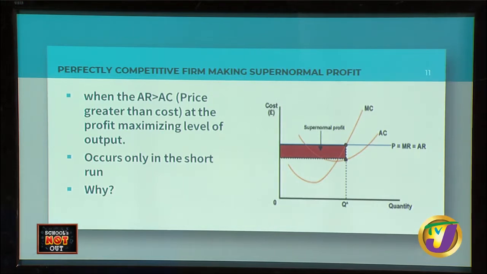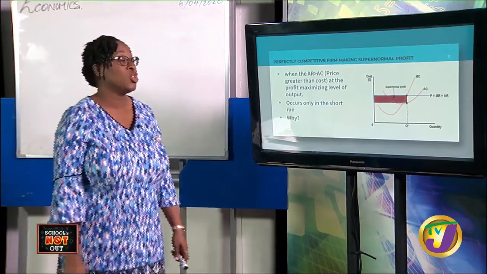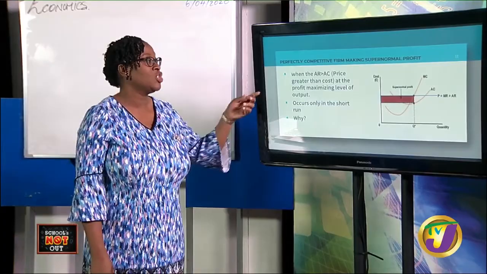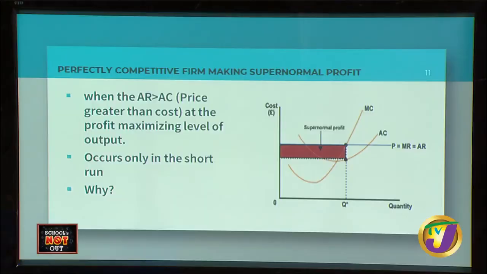All right, that is achieved when the average revenue is greater than, or the price is greater than, the cost of producing the profit maximization level of output, and this occurs in the short run.